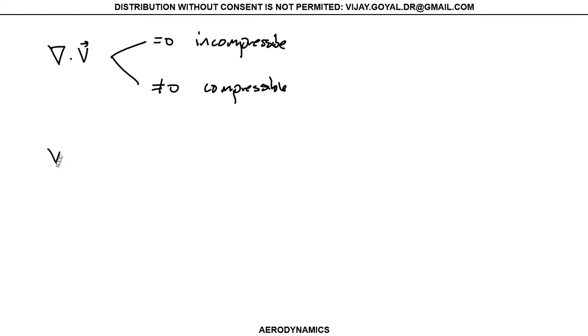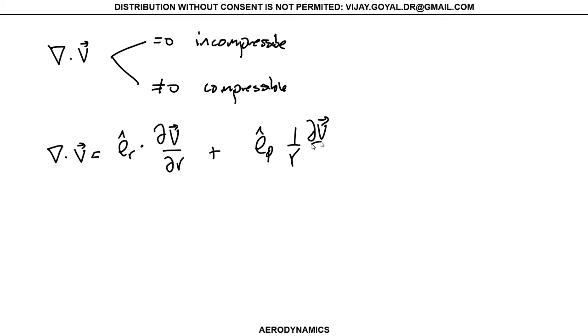So if I take this dot this, then you basically find the following. You find that ER dot partial of V with respect to R plus E phi plus 1 over R times 1 over R partial of V with respect to phi plus I partial of V with respect to X. Okay?